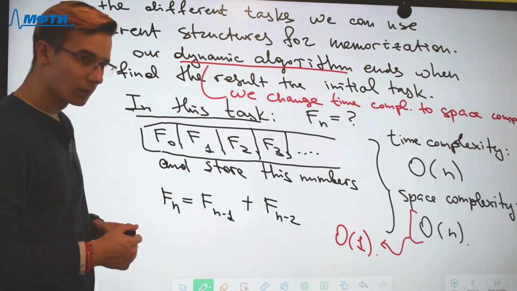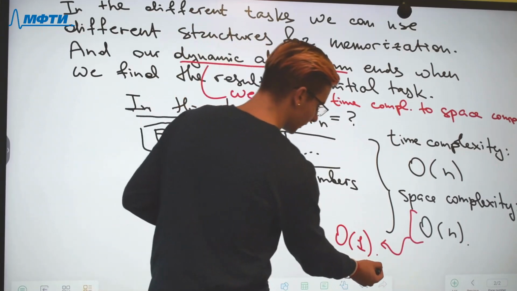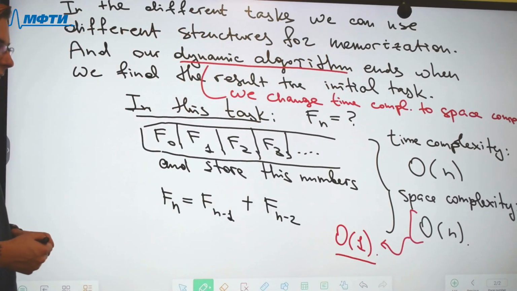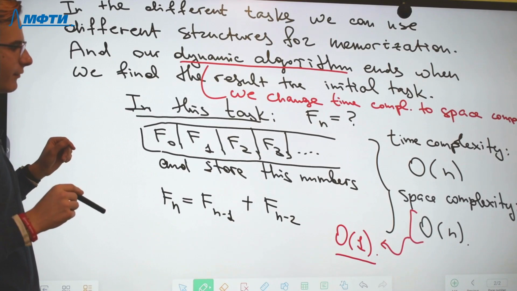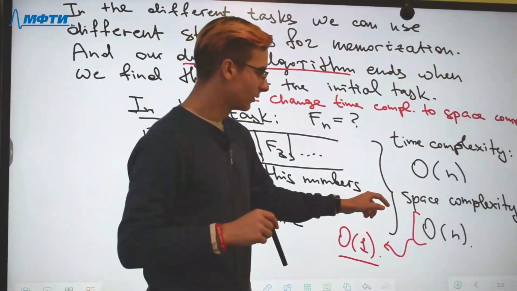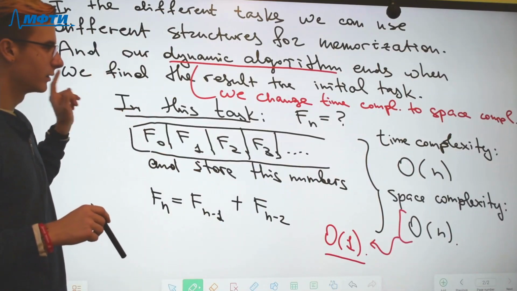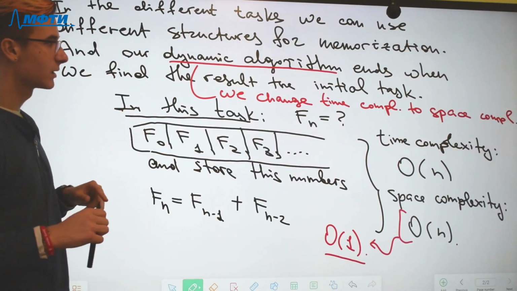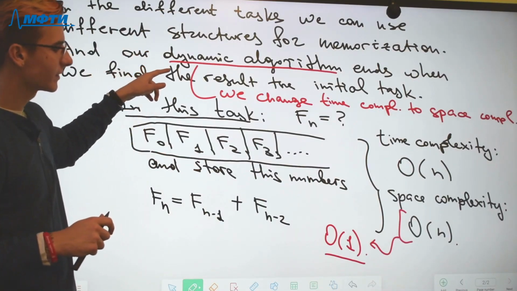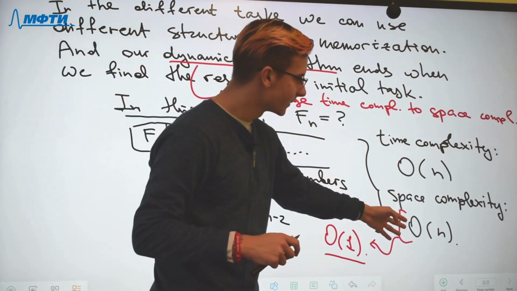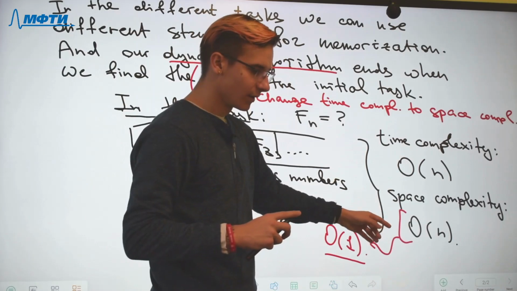Yes, that's why I wrote that in this task we can improve it to O of 1. But in most tasks where we use a dynamic algorithm, we cannot improve this space complexity.